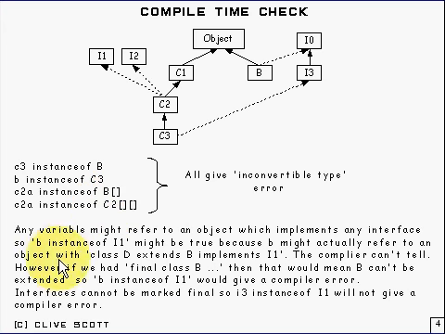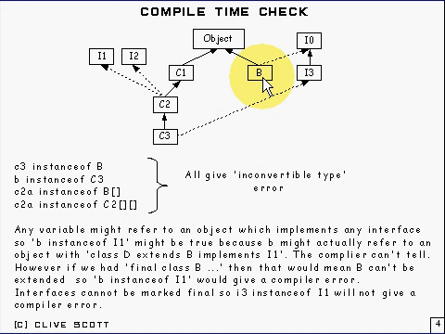Now, you might wonder why something like B instanceof I1, for instance, doesn't generate a compile time error. And there's a good reason for that, because if you think about it, a variable B might refer to anything further down in the tree. And at this particular point in the compilation, the compiler can't be sure what exactly that's referring to.